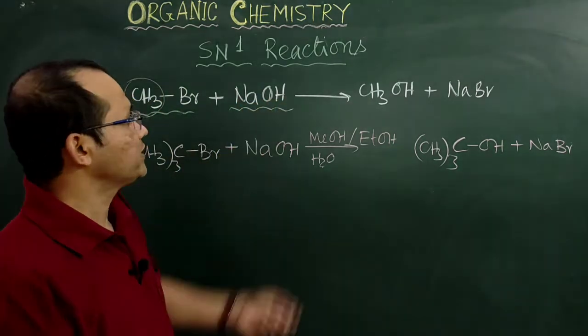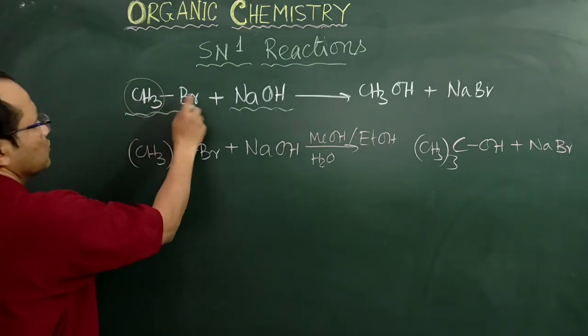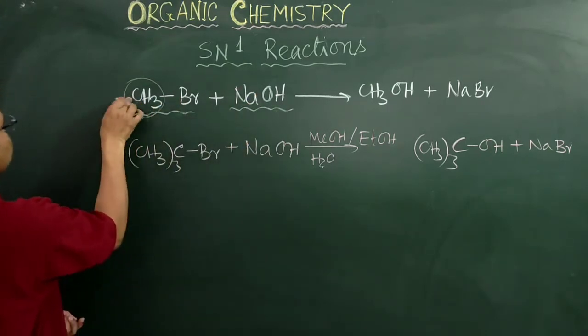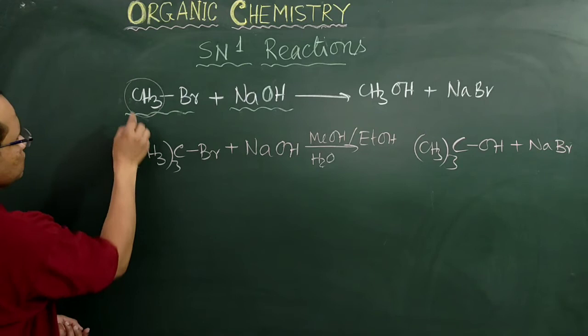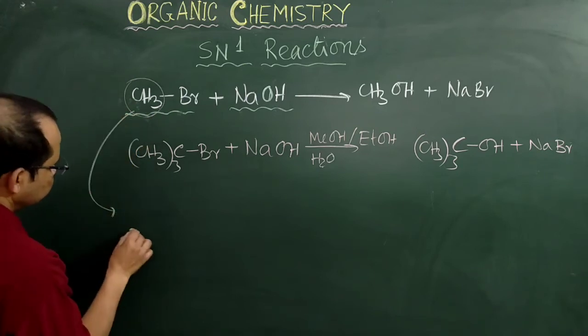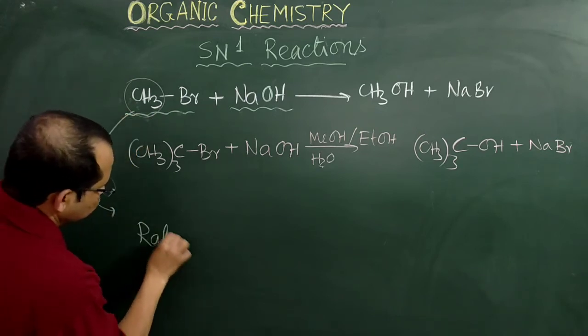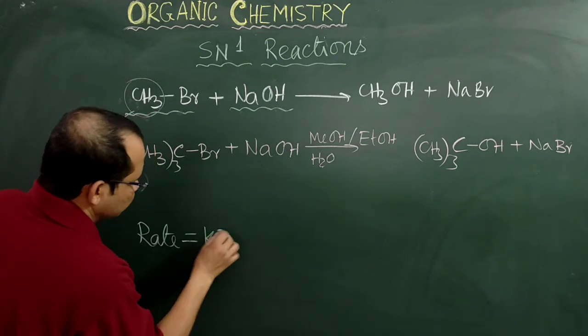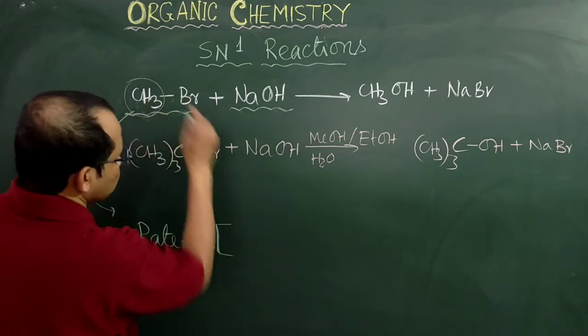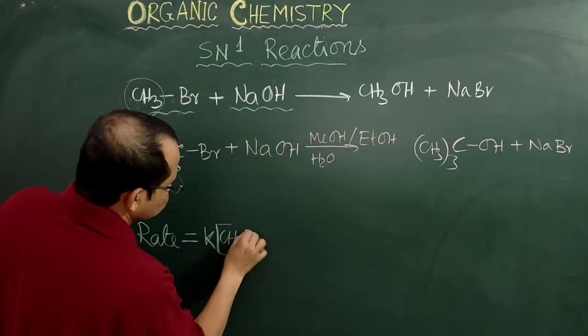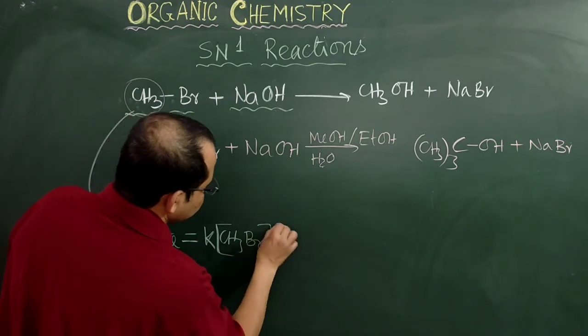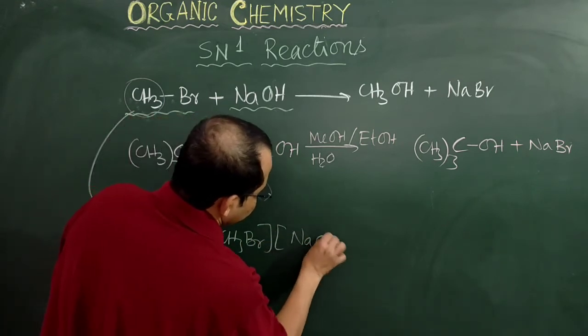So the rate of the reaction depends on this and this. That is, rate equals some constant times the concentration of CH3Br times the concentration of NaOH.